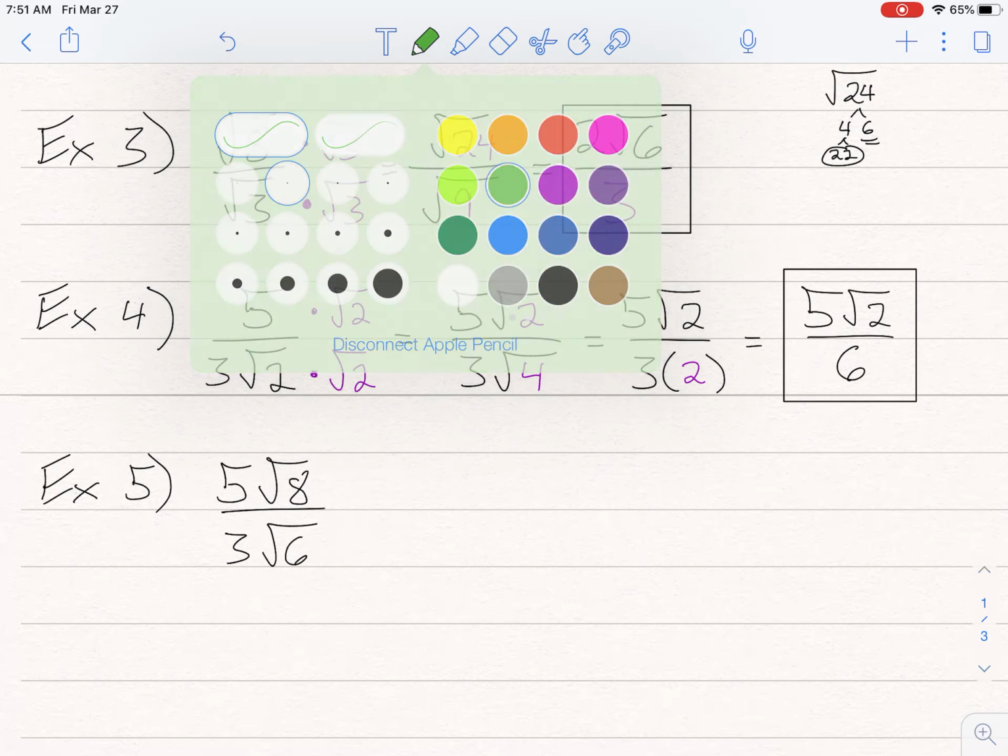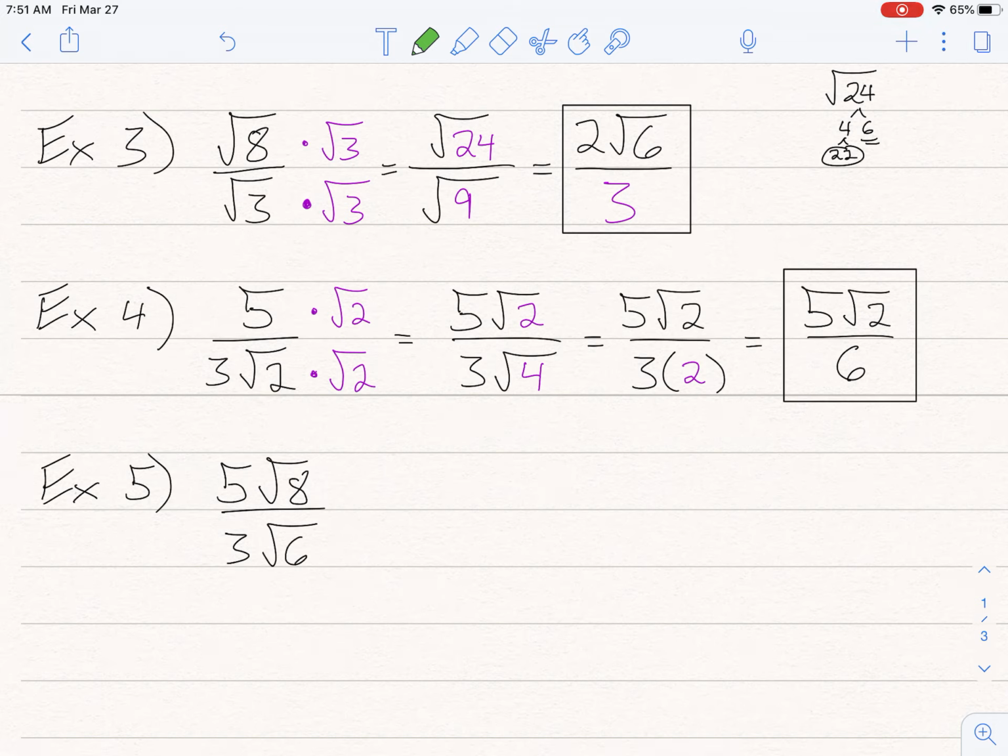All right, so from the get-go, we can see that 8 and 6, I could simplify those a little bit if I divide them both by 2. So I'd have square root of 3 and square root of 4 here. So let's write that out. We have 5 square root of 4 over 3 square root of 3.